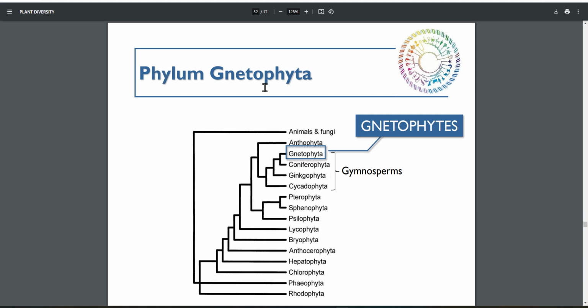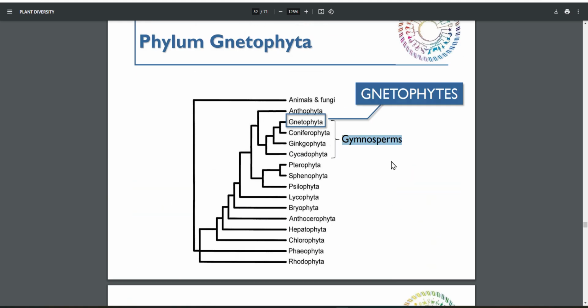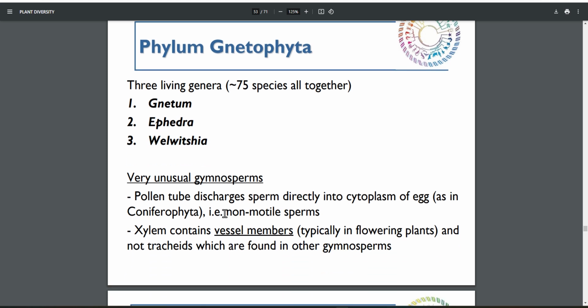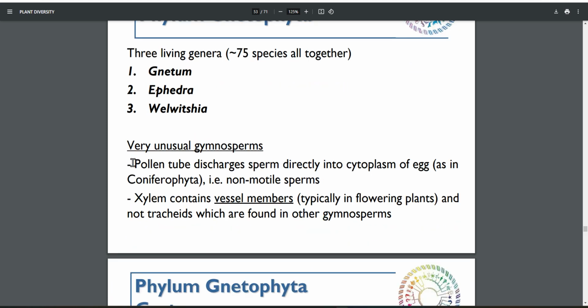Now, finally, we reach the phylum Gnetophyta, which is the last gymnosperm member we'll talk about. There are only three genera: Gnetum, Ephedra, and Welwitschia. They are very unusual. Why? The pollen tube discharges sperm directly into the cytoplasm of the egg, which is very similar to conifers.